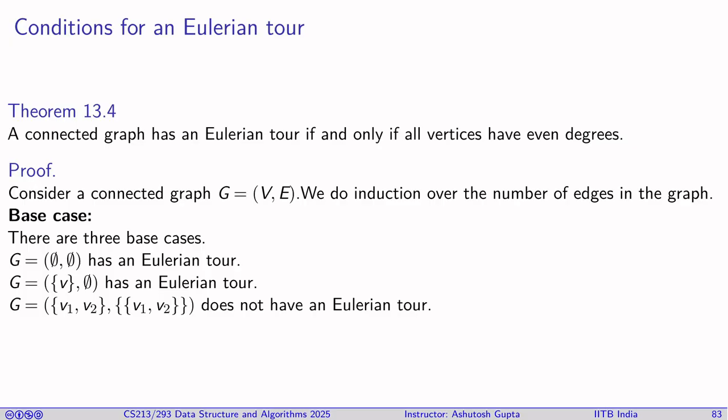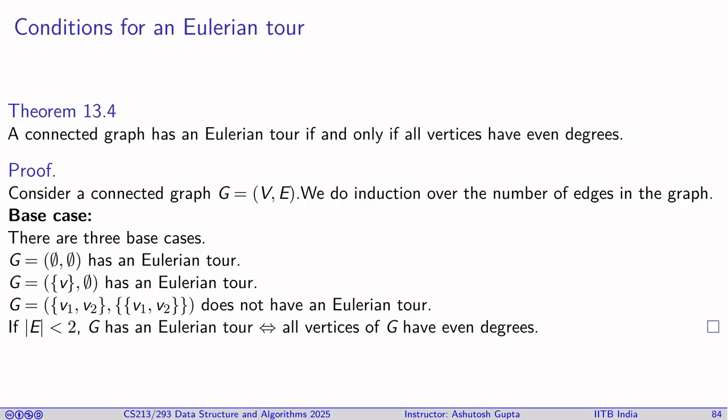The third possibility is when you have 2 nodes and a single edge between them, then the tour does not exist because you can go from V1 to V2, but you cannot come back. So if your number of edges is less than 2, you can show that G has a tour if and only if all vertices of G have even degrees.